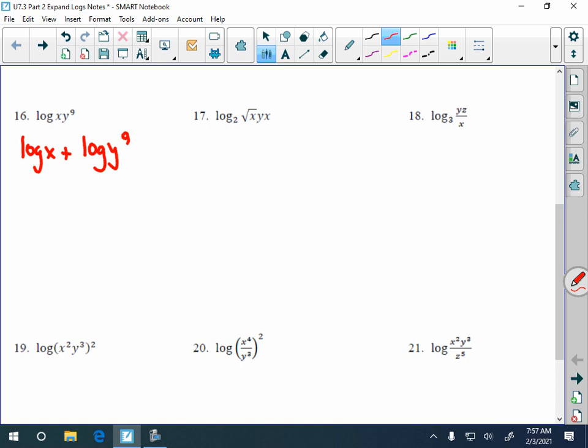There's no more multiplication, but we do have the exponent, and we can't leave exponents in our problem. So we're going to take that 9 and move it down in front of its log. So then we have log x plus 9 times log y.